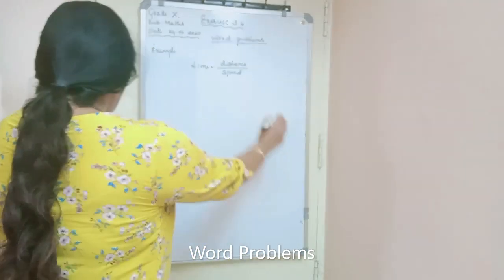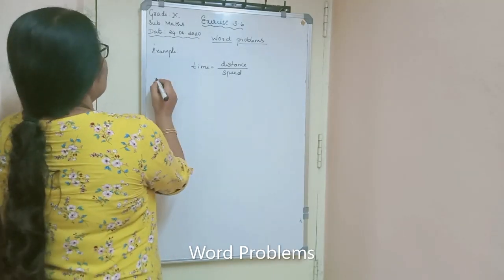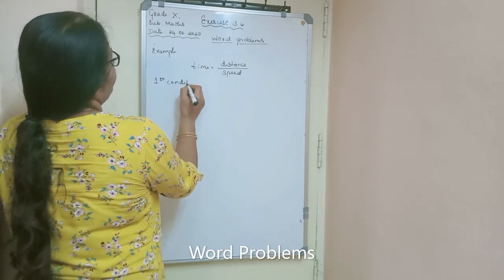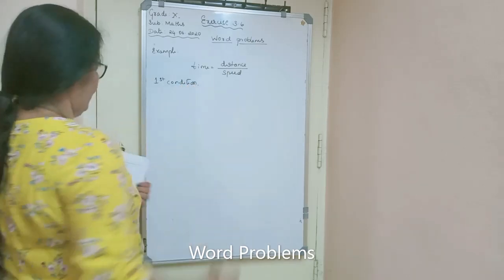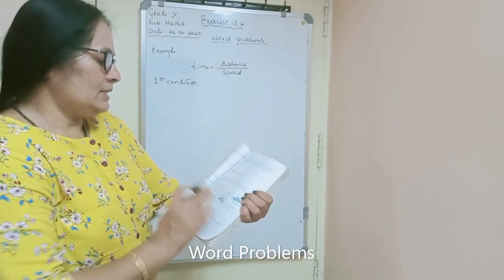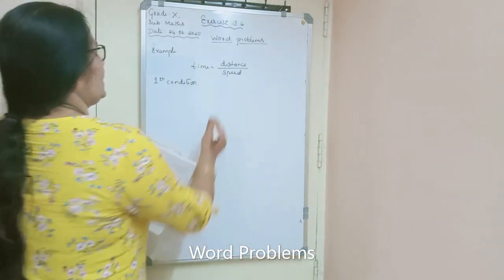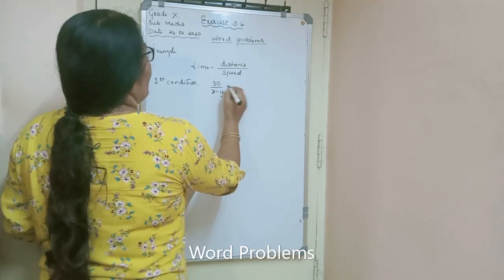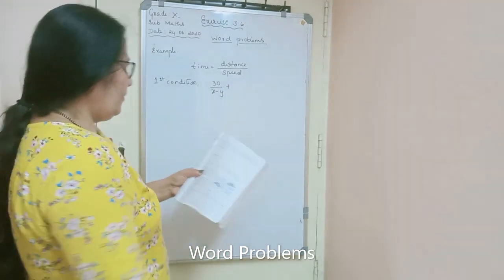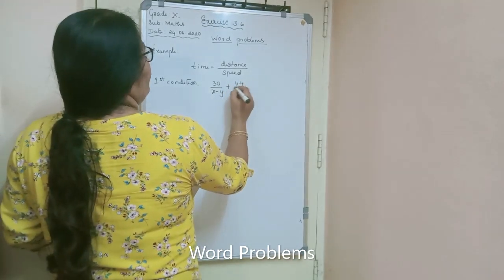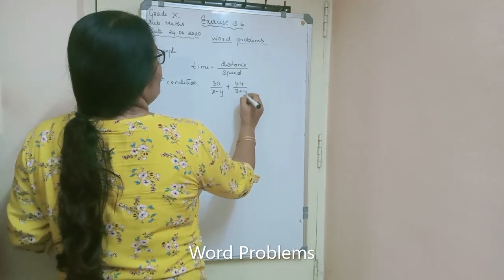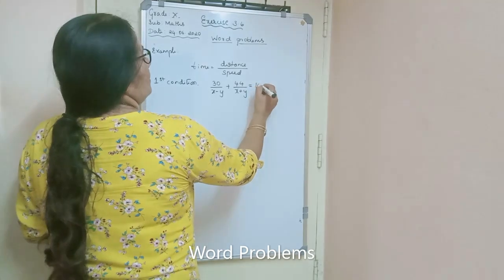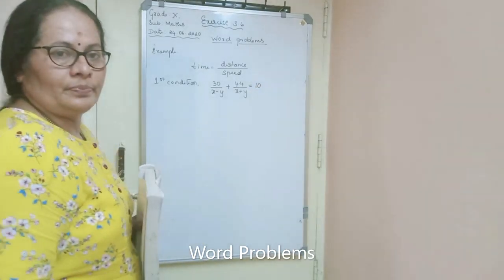Now in the first condition, a boat goes 30 km upstream, so 30 by x minus y, and 44 km downstream, 44 by x plus y, in 10 hours equals 10.